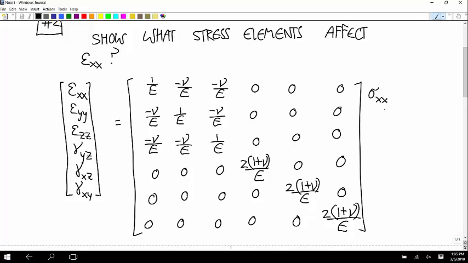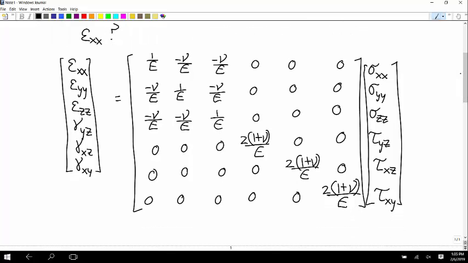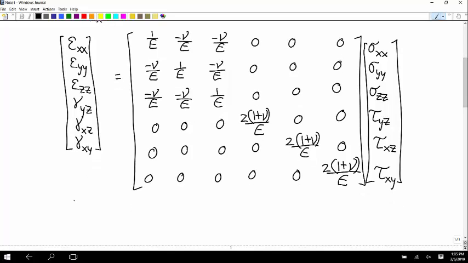So that's sigma xx, yy, zz, yz, xz, xy. Okay, so if you're trying to use stress values to calculate the XX strain, the way this matrix multiplication works, epsilon XX is equal to 1 over E sigma XX minus nu over E sigma YY minus nu over E sigma ZZ plus zeros.